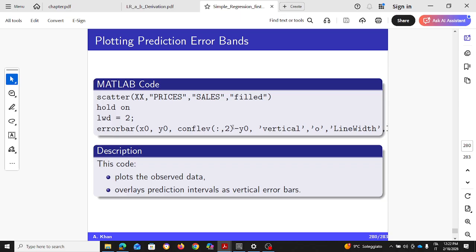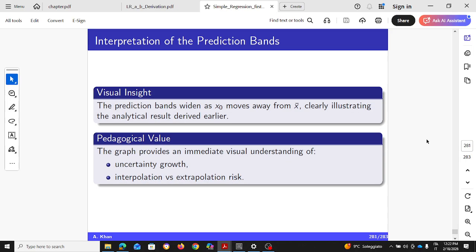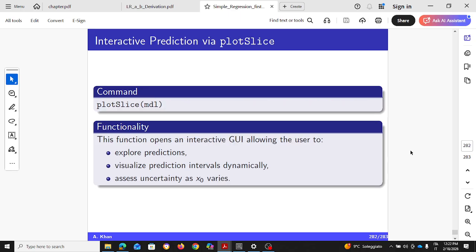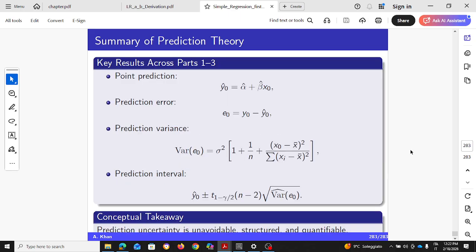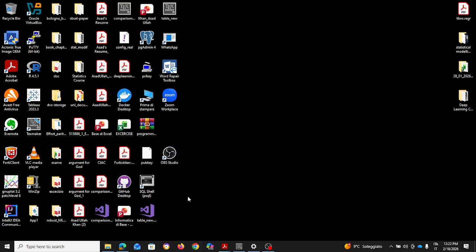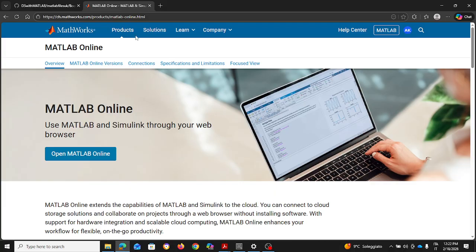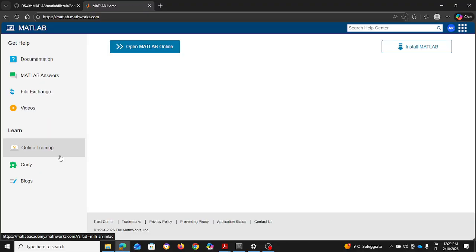Take the confidence level, and then vertically you would see the errors. So the prediction interval, we know we are good. Let me try to see it in action.